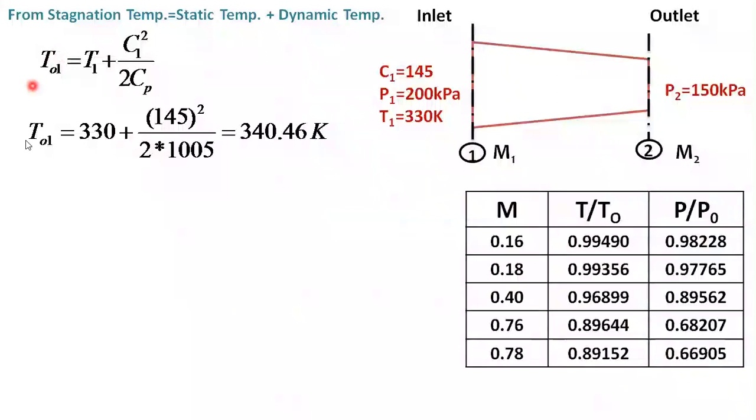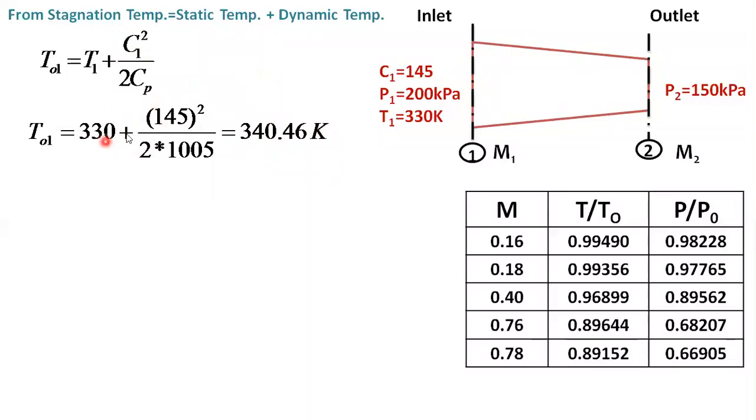So we can find T01, that is the stagnation temperature, by putting the static temperature here and the velocity here, which is 145. So the stagnation temperature will be 340.46 Kelvin. So you can see here a 10 Kelvin jump will take place when you stop your air, which is flowing at 145 meters per second speed.